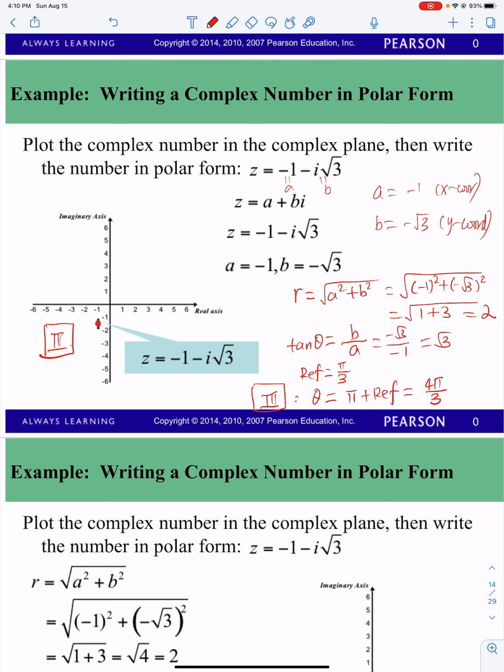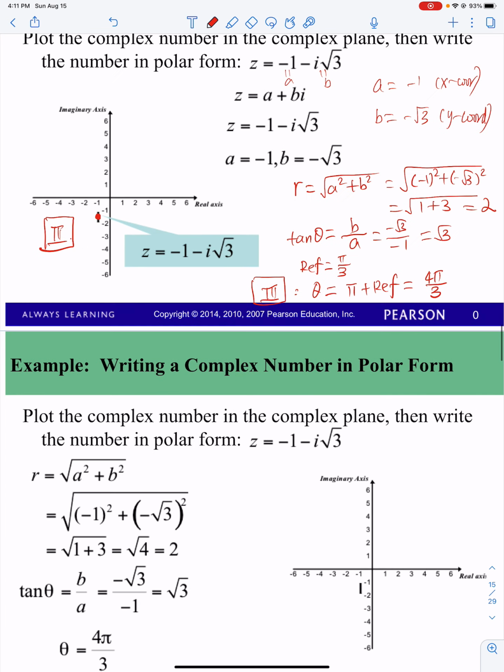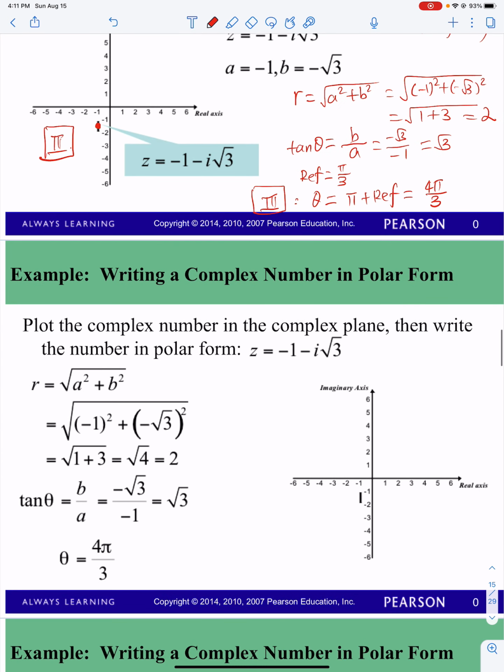This is the key. This is why they wanted you to plot the complex number in the complex plane first, and then write the number. When you plot, you determine which quadrant this thing is in, and then you find the theta.